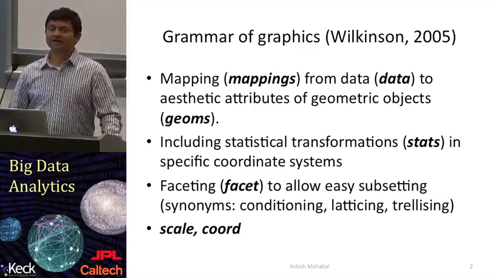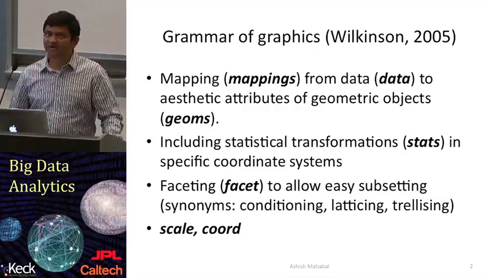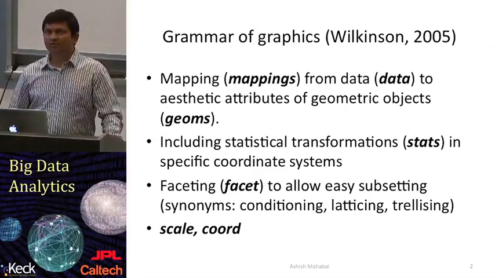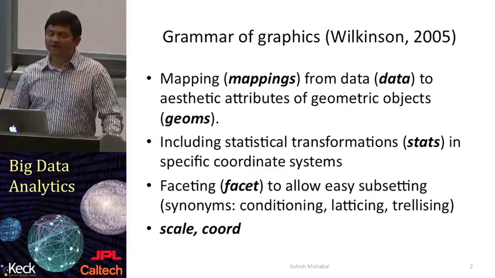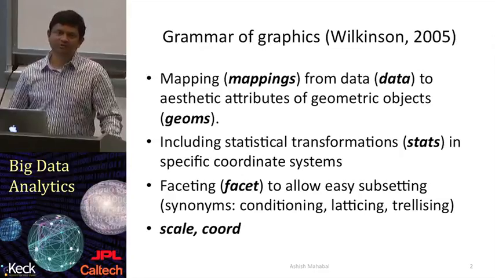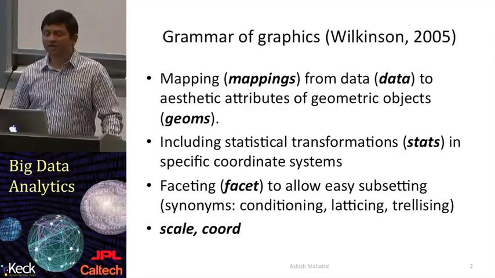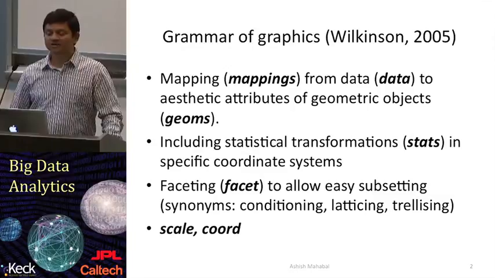We have data. In case of R, it's in the form of a data frame, and the data frame has various columns. On these columns, you define certain mappings, and you associate geoms with them. Your geom could be a point, it could be a line, it could be some kind of 2D density. So given certain columns from your data frame, you map them using these geoms.